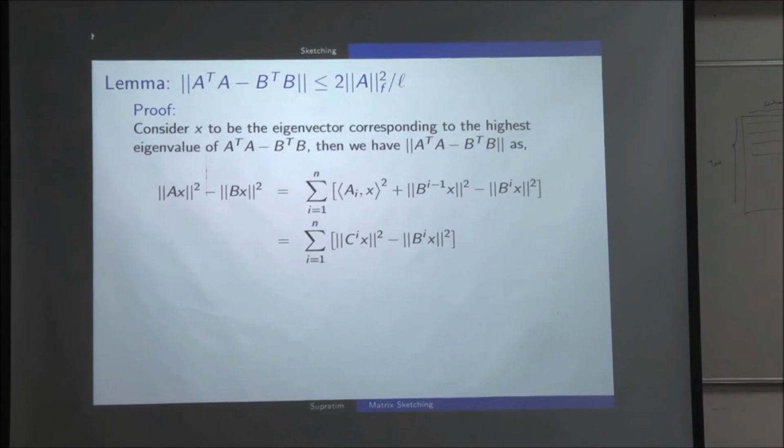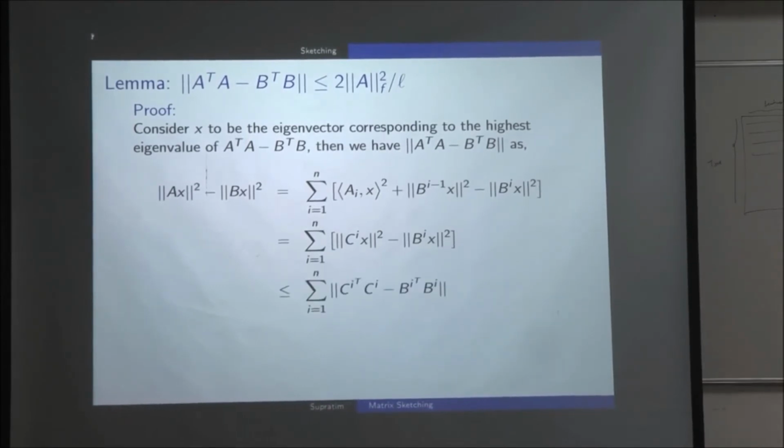Now if you remember, we had a C_i matrix in our algorithm. That C_i matrix was nothing but the sketch until B_{i-1} plus the ith column that we have seen. Combining these two, we get C_i, and this B_i comes from top.